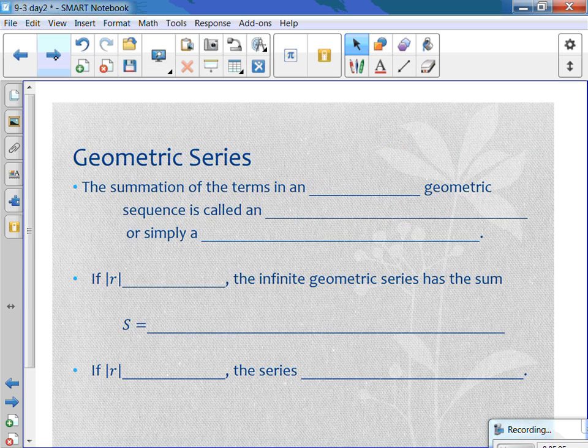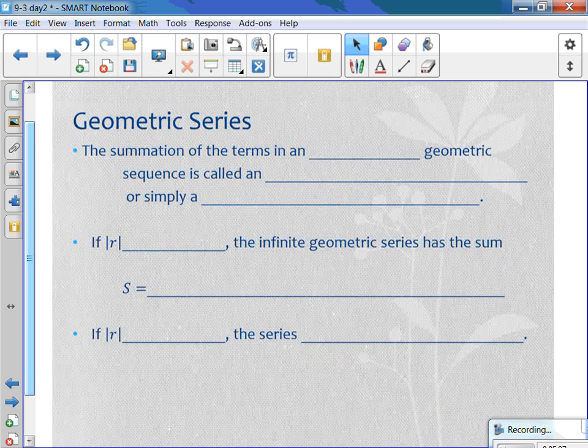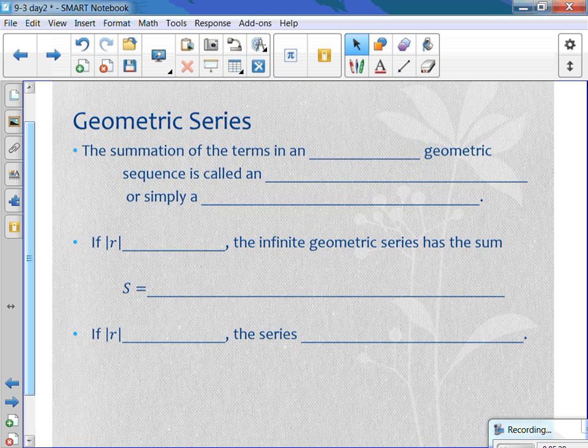So sometimes we're not just looking at that from 1 to 7. The majority of the time we're looking where the summation has the terms of an infinite geometric sequence, which we call an infinite geometric series.